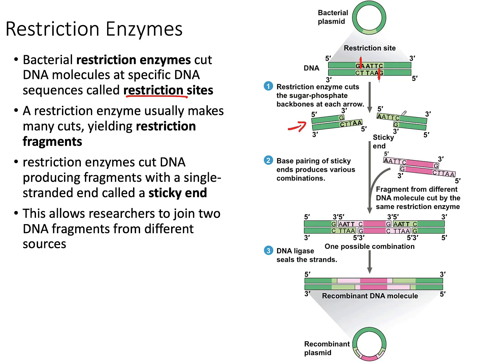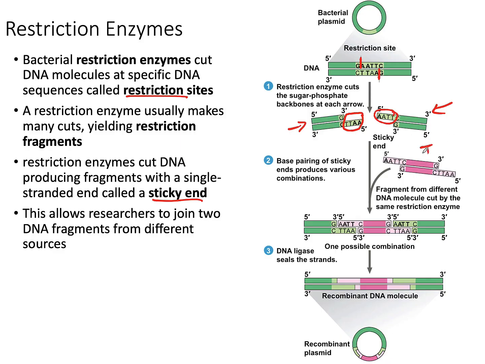So this is a fragment and this is a fragment. Because of the way that restriction enzymes cut, they leave a single-stranded end called a sticky end. So right here you can see the sticky end. The sticky end reads AATT on this side, AATT on this side. So those are the sticky ends.